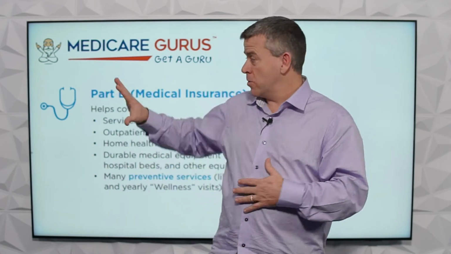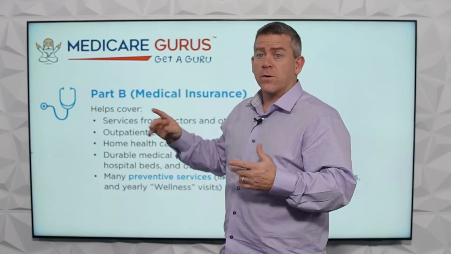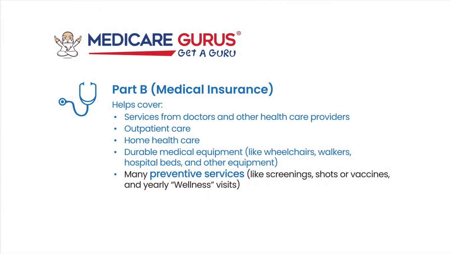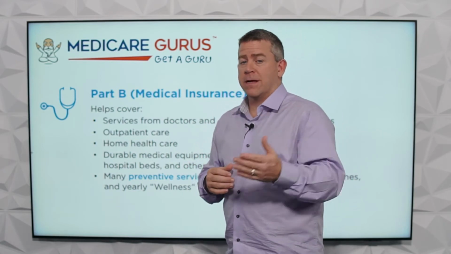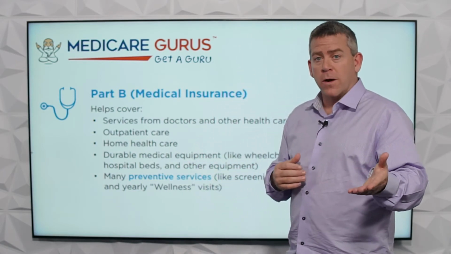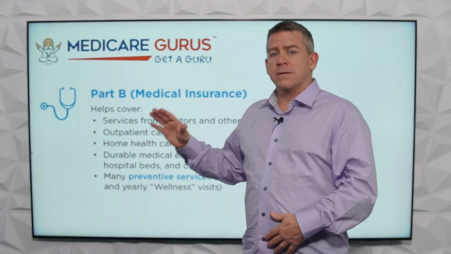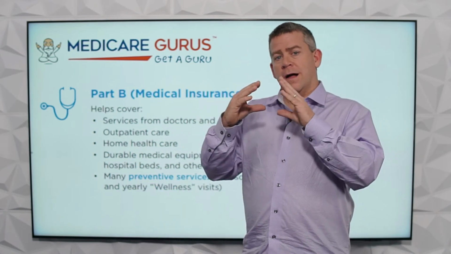But if you choose the right plan, you can go to any doctor, any hospital, anywhere in the country that accepts Medicare, and you won't have to pay a penny, except for normally a small deductible the first year, and sometimes the F plan even covers that. So that's a really good way to have peace of mind, knowing you're 100% covered on doctor and hospital visits without restrictions: traditional Medicare, A and B, with the right Medicare supplement plan.